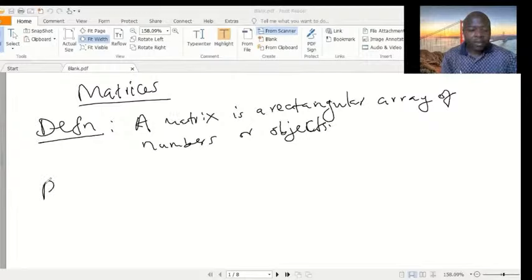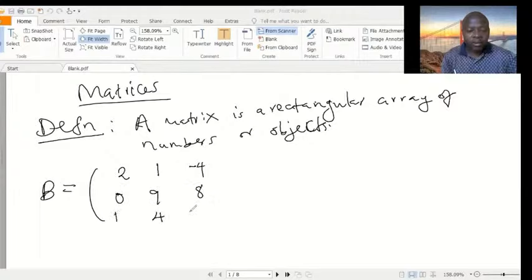For instance, this matrix B, if I'm given the elements 2, 3, 1, negative 4, 0, 9, 8, 1, 4, 3.